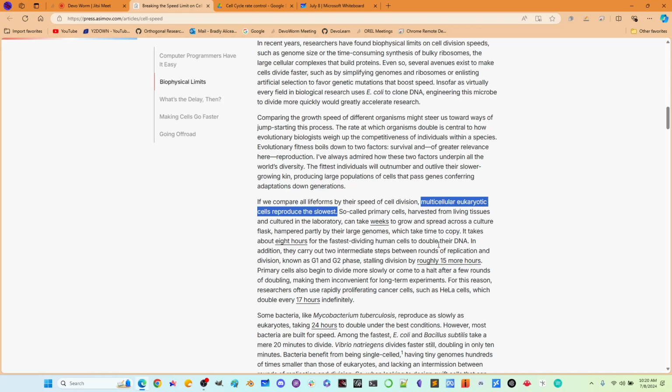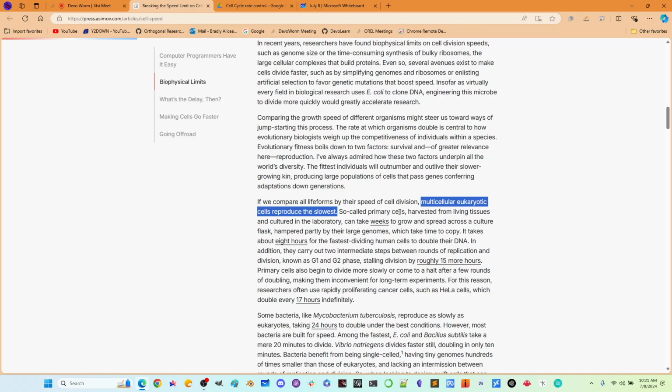Multicellular eukaryotic cells reproduce the slowest, and this is because of a number of things, including that you have a lot of organelles that you need to reproduce to have two cells. You have a lot more DNA that needs to be replicated, and so you end up with a much slower rate of division.